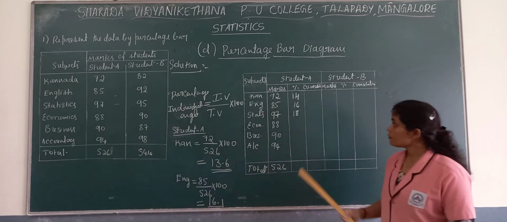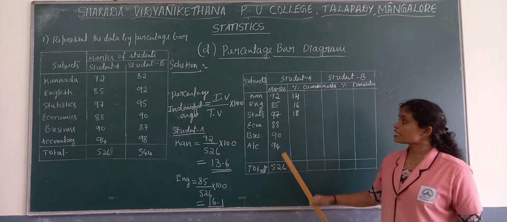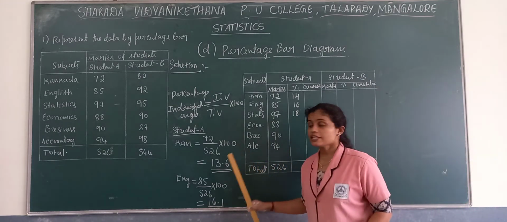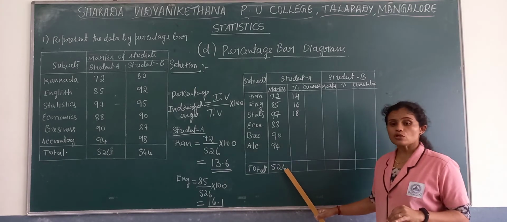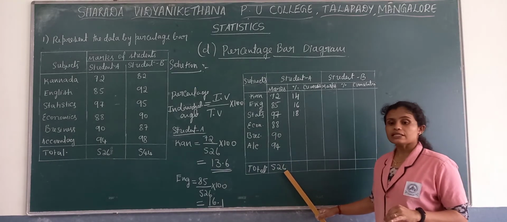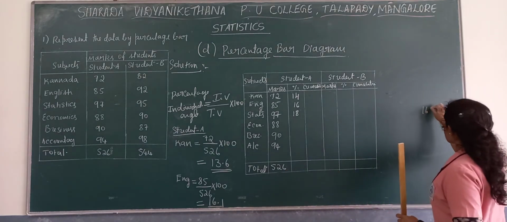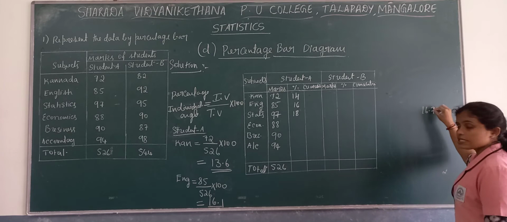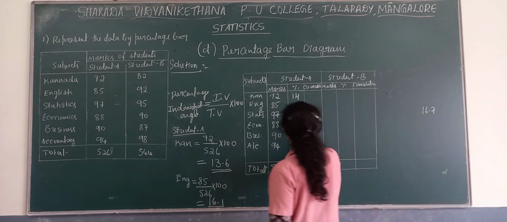The next one, 88 by 526 into 100. There we get the value 16.7. Since it is more than 5, we consider it as 17.